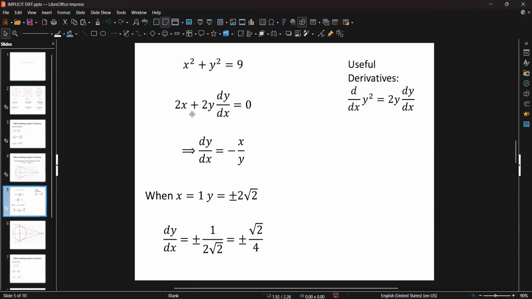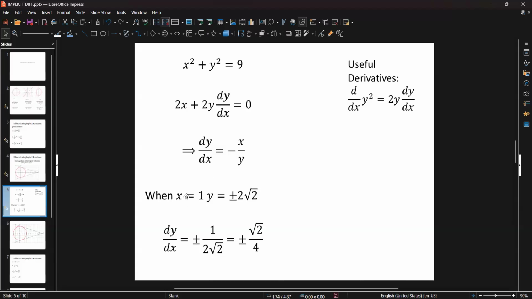Look back at it. Differentiate there. Make dy dx the subject, you get that. To evaluate this gradient, you need an x value and a y value. We were given an x value, but not a y value.